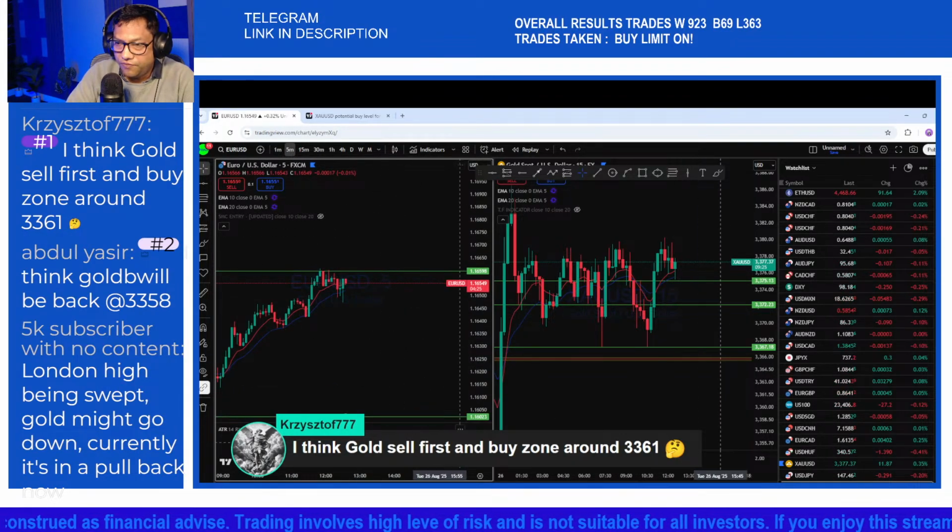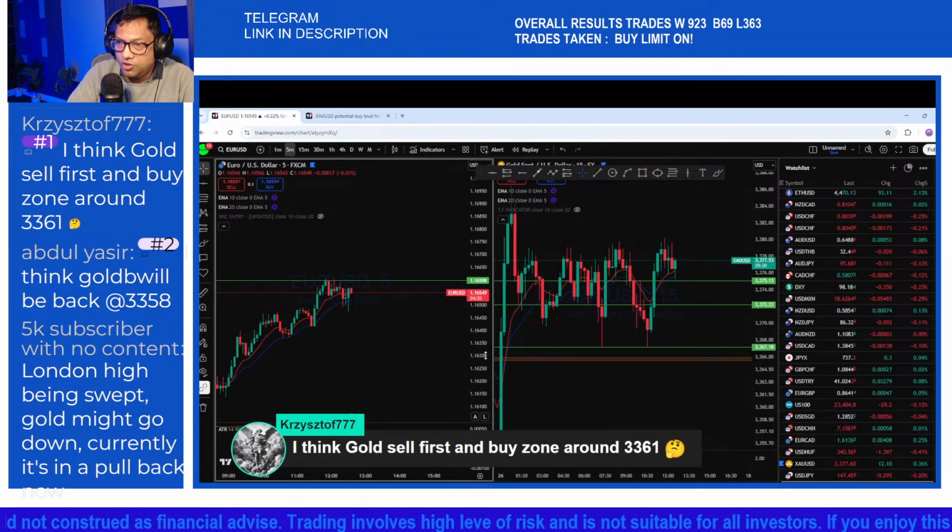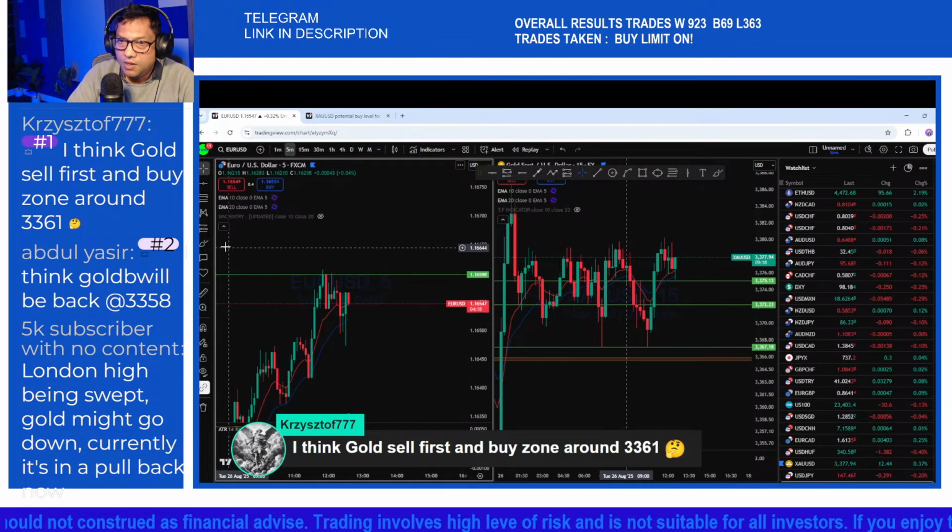So if you enter based on the 5-minute chart, we're nearly to 5 pip ATR.